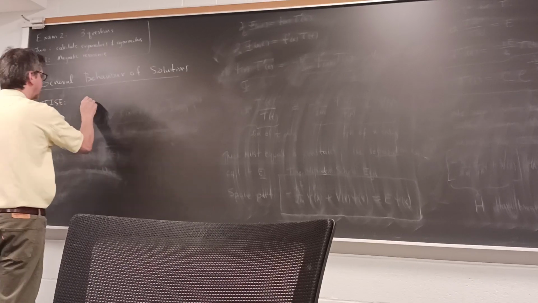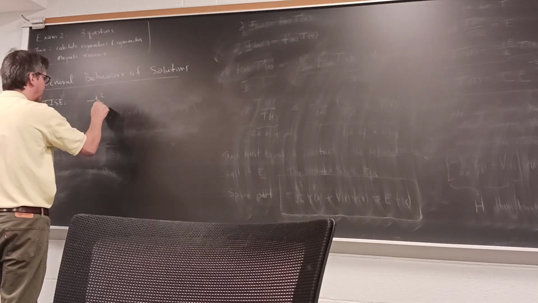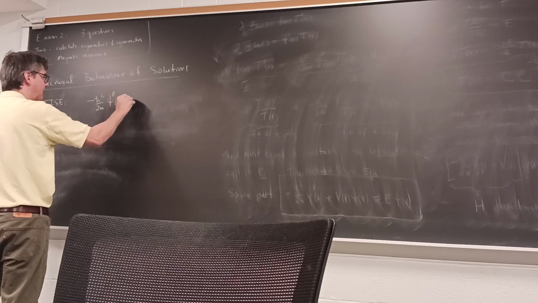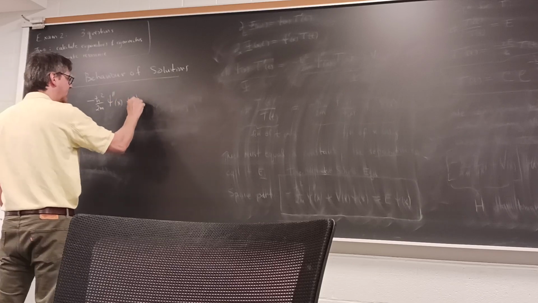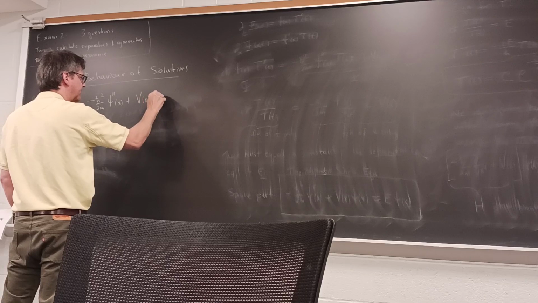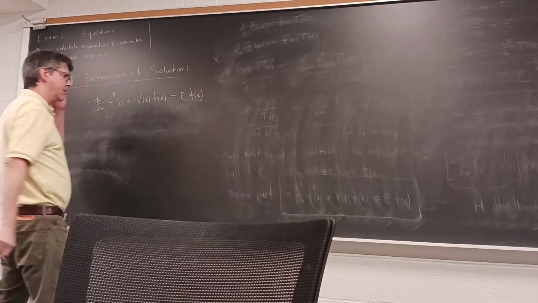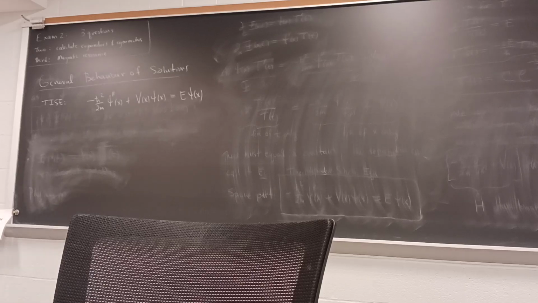Time independent equation: minus h bar squared over 2m psi double prime plus V of x psi of x is equal to E psi of x. Okay, and let's just solve for psi double prime.